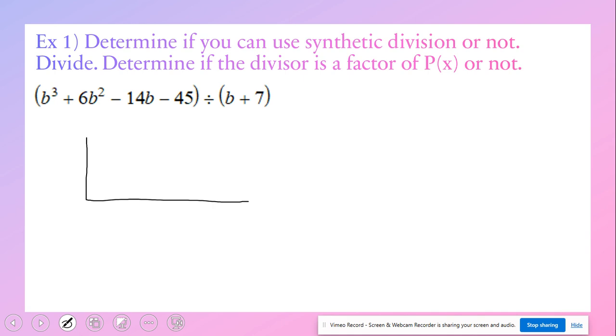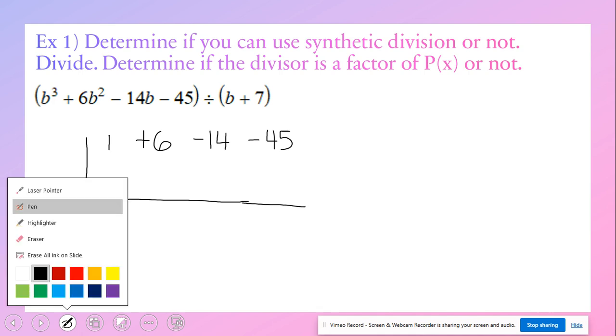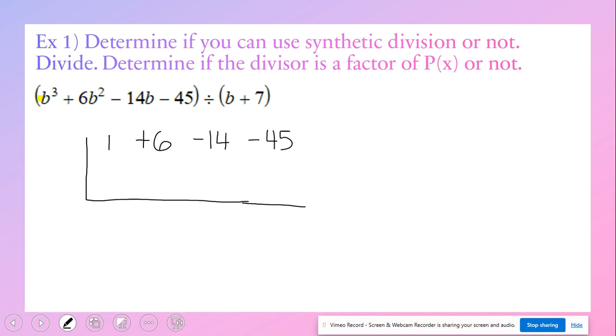I like to start with the coefficients: b to the third has a coefficient of 1, 6b squared has a coefficient of positive 6, negative 14b has a coefficient of negative 14, minus 45 has a coefficient of minus 45. So these coefficients are the numbers that go here.